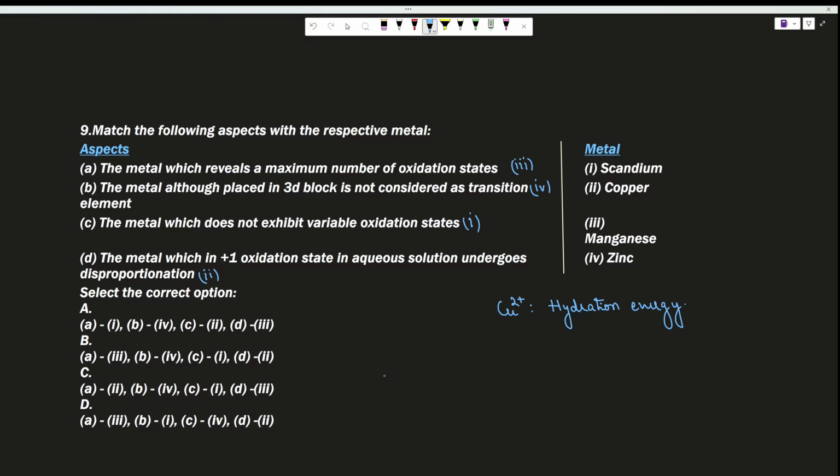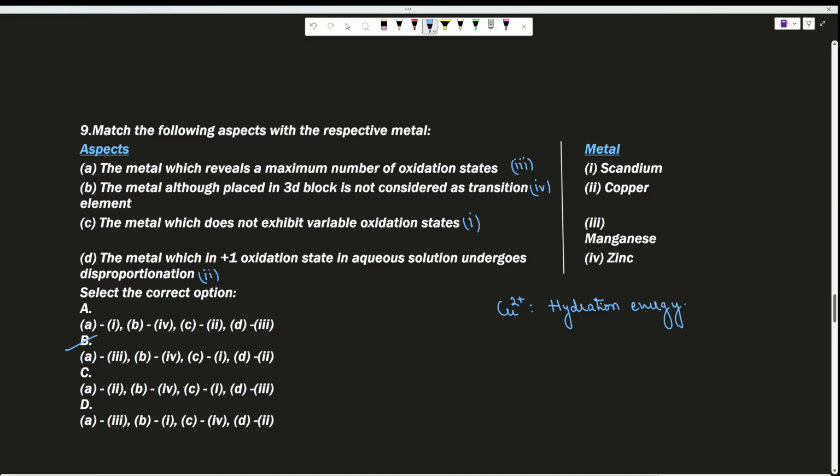Cu2+ has a higher positive charge than Cu+, so it has a higher amount of hydration energy, that is, more energy released, a negative value. When the energy released is more, that ion becomes more stable. So the +1 oxidation state will undergo disproportionation. So 3, 4, 1 and 2, that is option B.